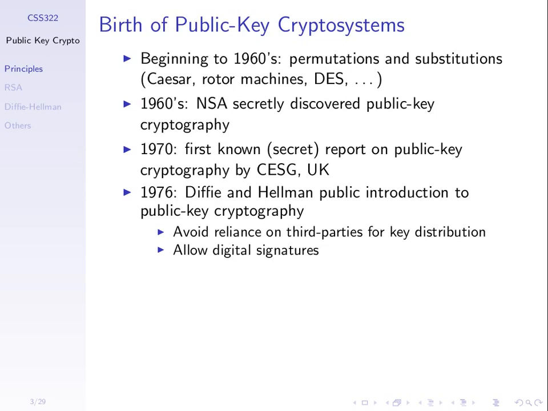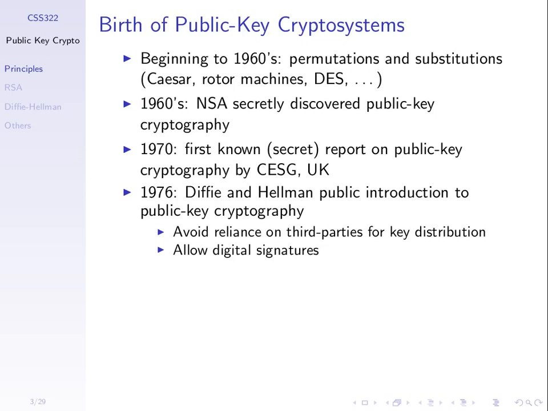In the 1960s, the NSA in the US is said to have discovered public key cryptography. They developed this new technique, but it wasn't known about until much later. Similarly, in 1970, a similar organisation in the UK developed the first known technique for public key cryptography.